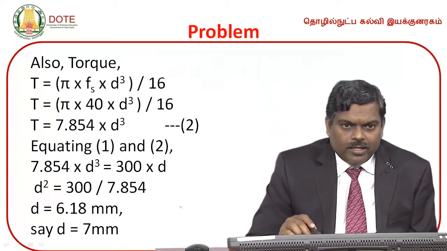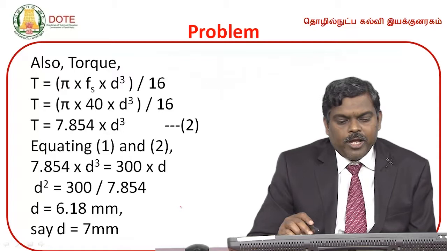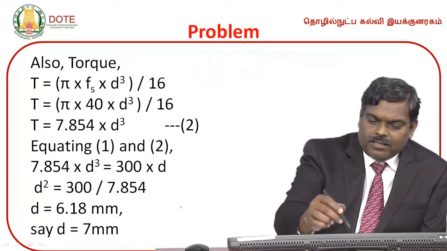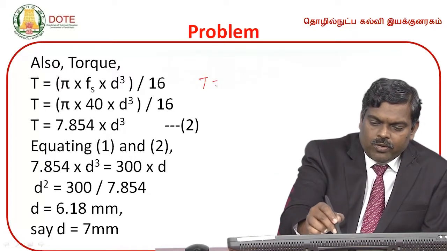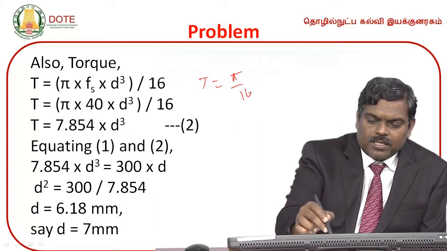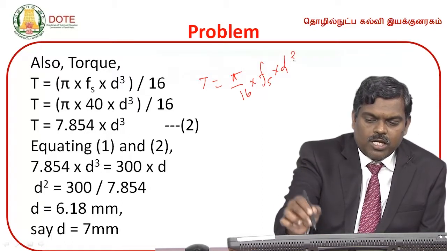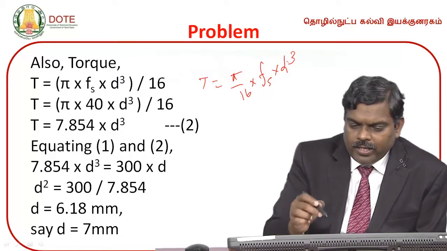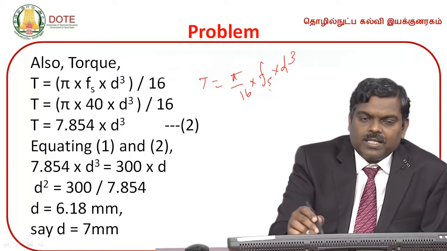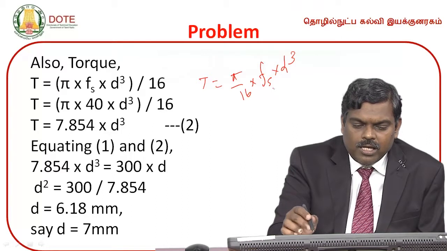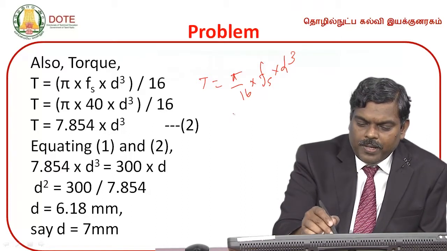We know that torque T is equal to pi d cube by 16 into sigma s, or Fs. T is equal to pi by 16 into Fs into d cube. ஓகேங்களா? ஸோ இதிலிருந்து நம்ம கால்குலேட் பண்ணலாம். எப்படி கால்குலேட் பண்ணலாம்?